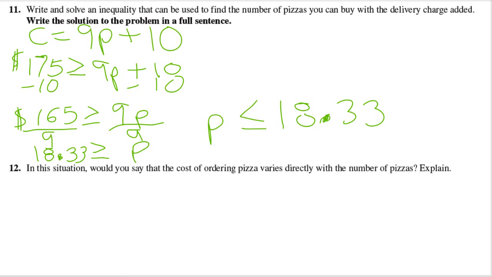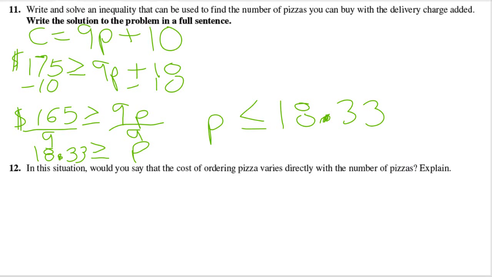Direct variation means you double the number of pizzas, you double the cost. We double the number of pizzas, we go from 10 pizzas to 20 pizzas. We're still doubling the cost of the pizza, but we're not doubling the total cost. 10 pizzas is $90, 20 pizzas is $180.